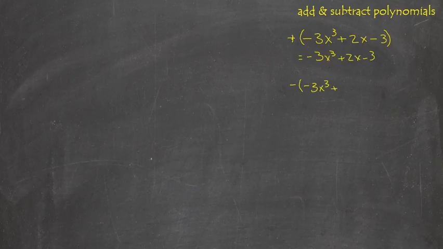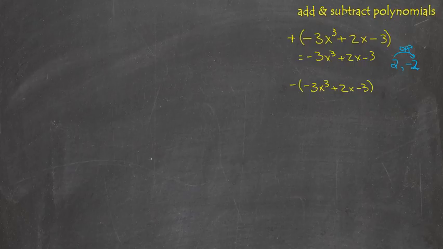Negative 3x cubed plus 2x minus 3, and I'm saying that this is a negative number. Well, we know just as with integers, 2 is a number, and negative 2 is also a number, but negative 2 is the opposite, right? These are opposites.